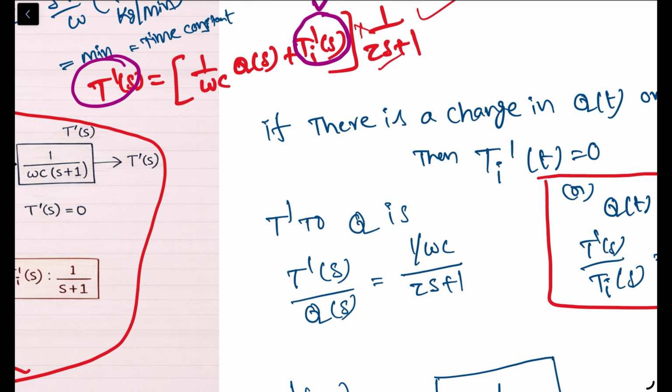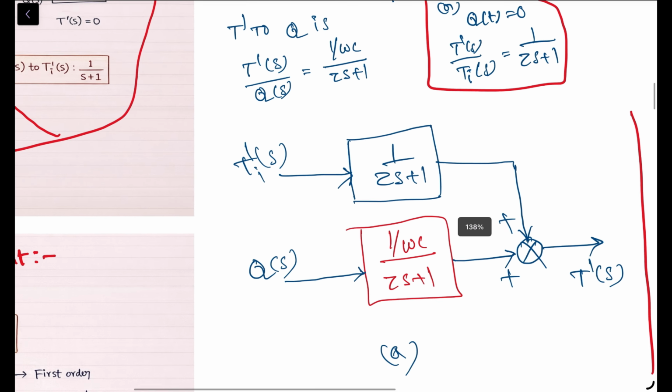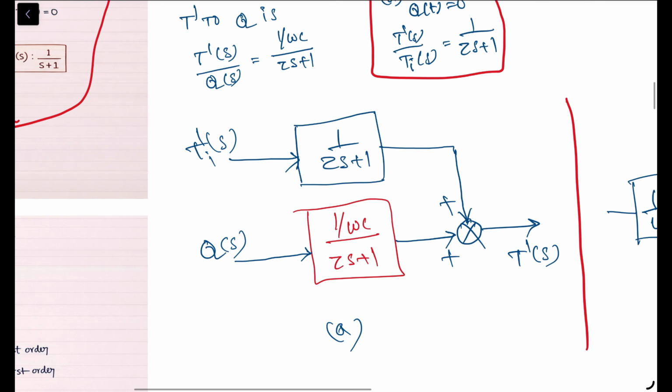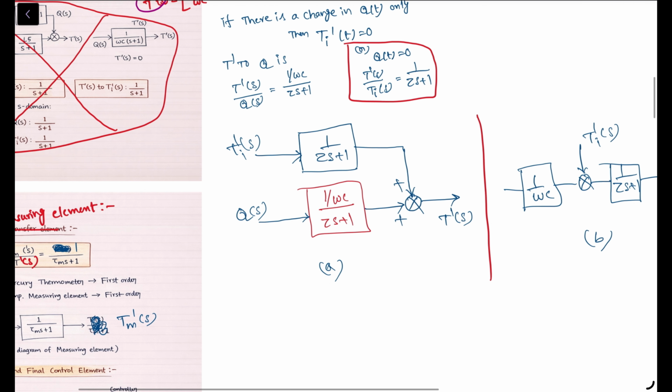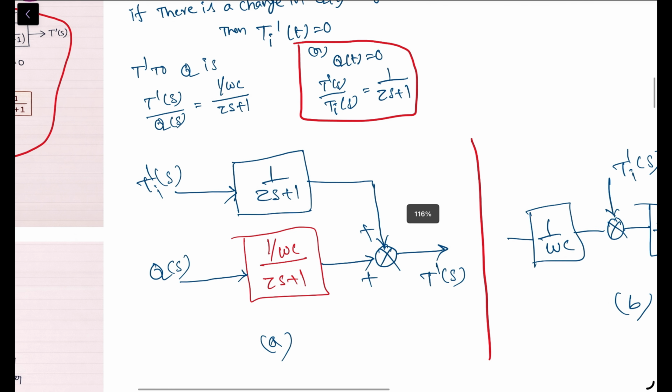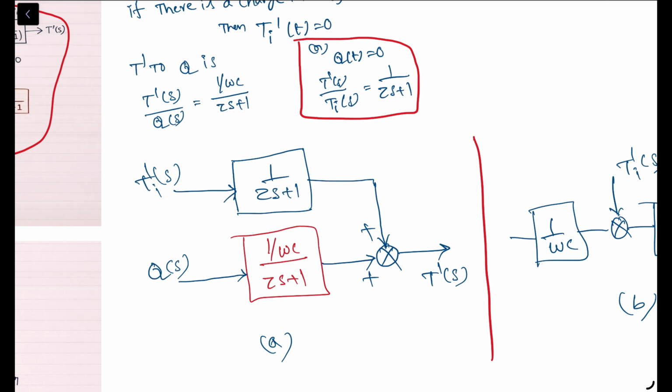Now let us see block diagram A. Here I will explain one of the important concepts with respect to block diagrams. There are two block diagrams I have shown here. Let's go one by one. From the transfer function we derived earlier, what is T of S?